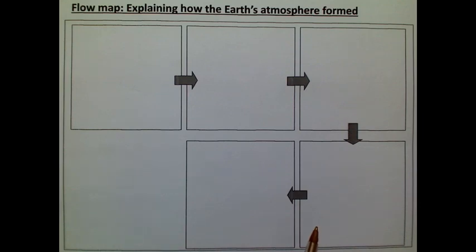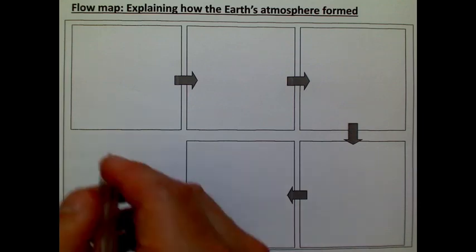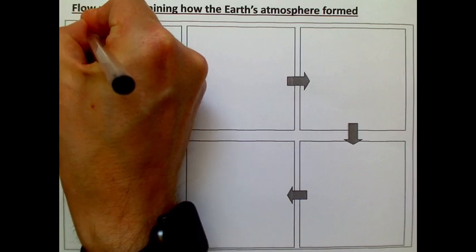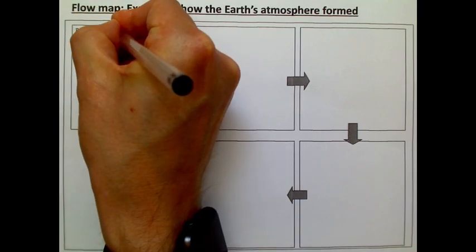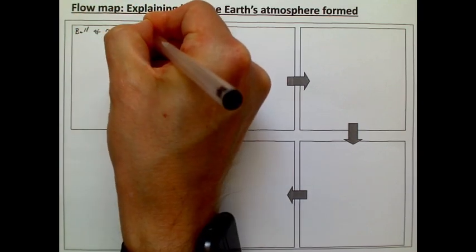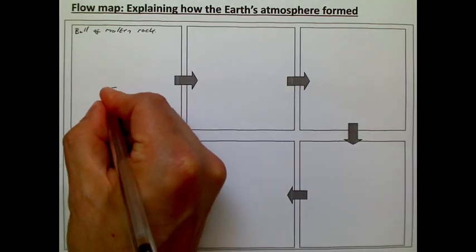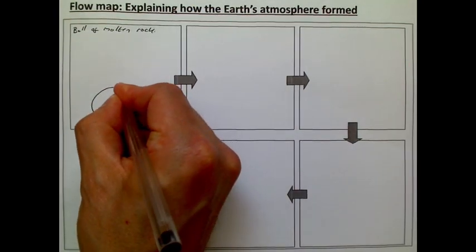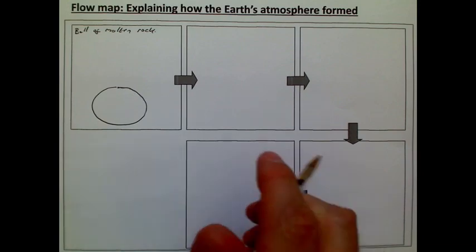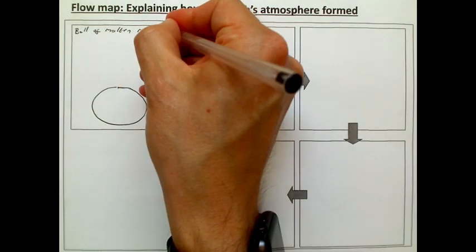So about 4.5 billion years ago, the Earth formed as a ball of molten rock. So there is our ball of molten rock. The crust formed as it cooled.